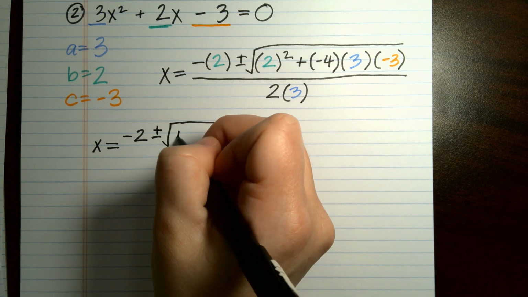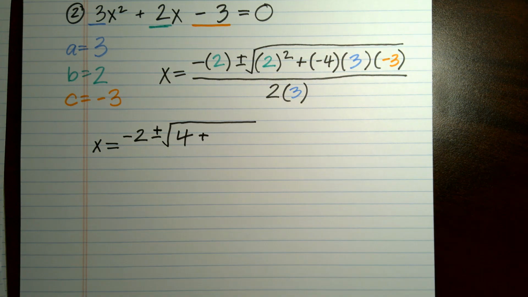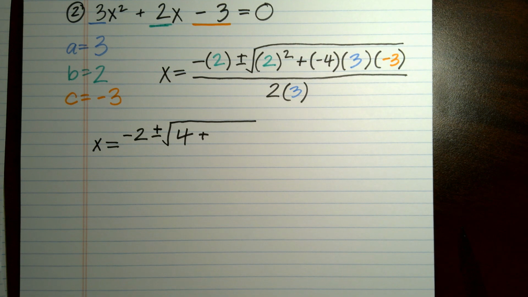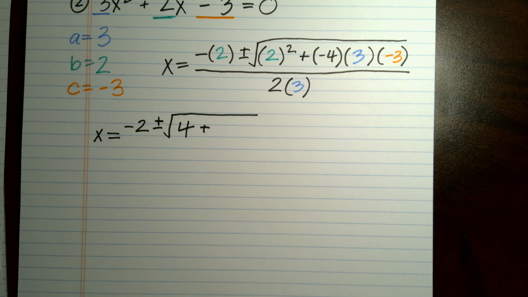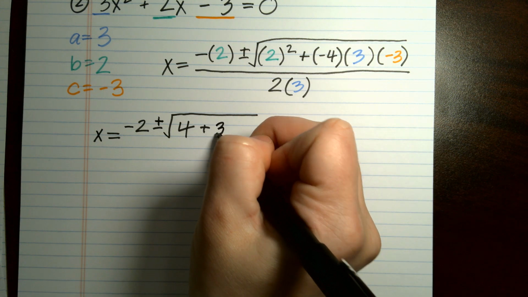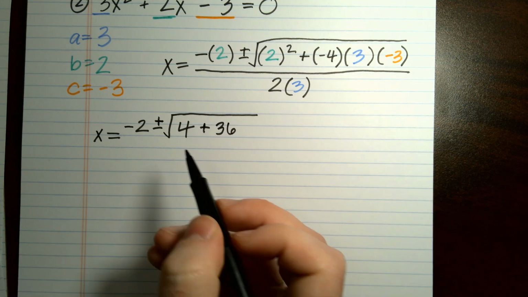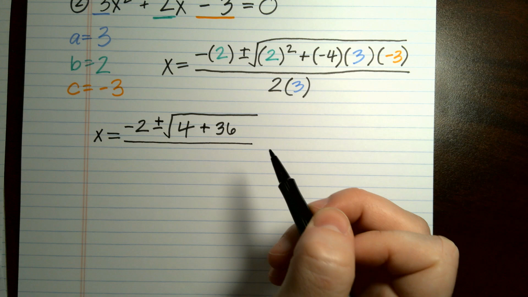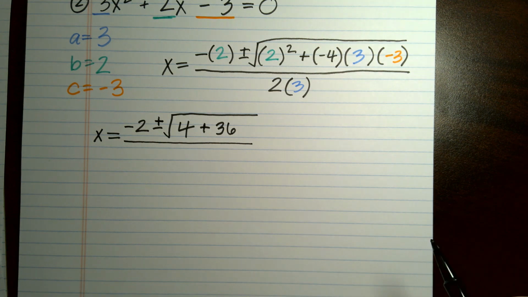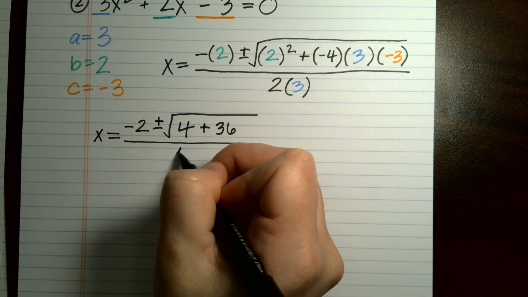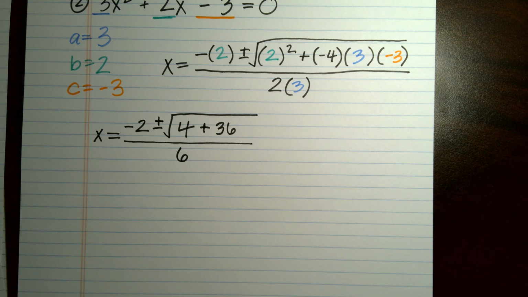So 2 times 2 is 4 plus -4 times 3 times -3. Yep, positive 36. And that's all being divided by what? 6. 2 times 3 is 6.